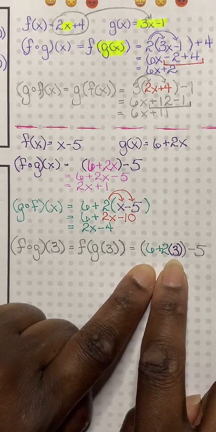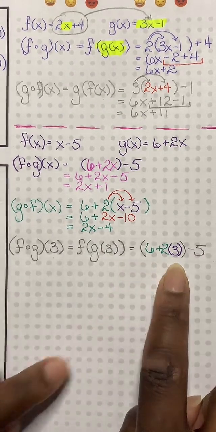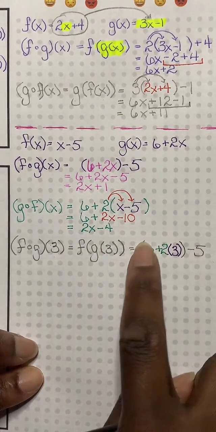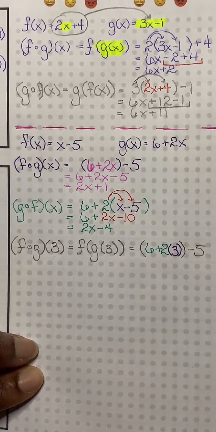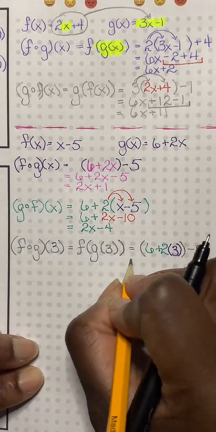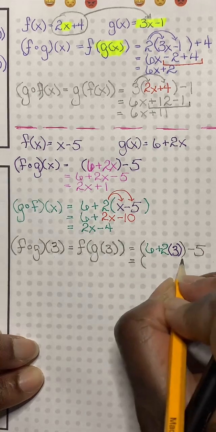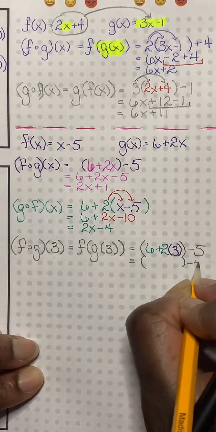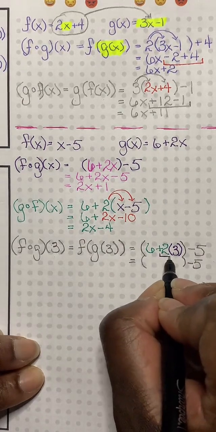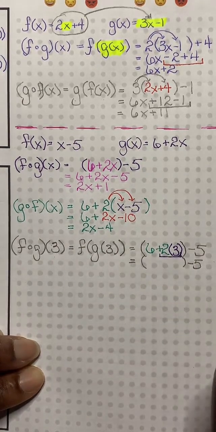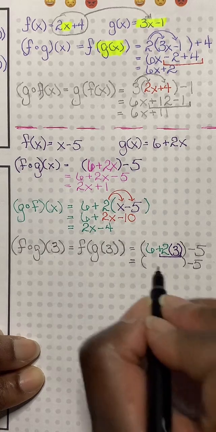So now, when we take it a step further, let's do, just like order of operations, what's inside the parenthesis first. So in this case, we have 2 times 3 right here, which gives us 6.